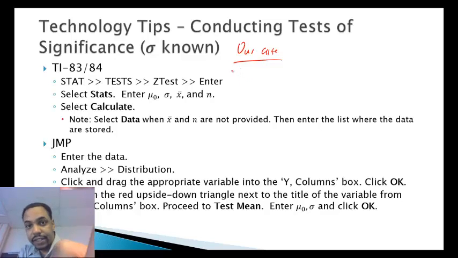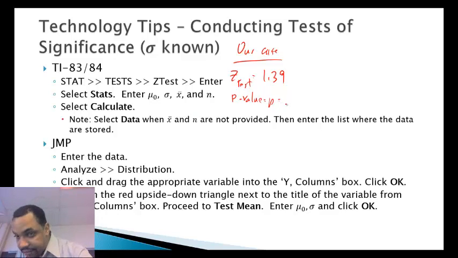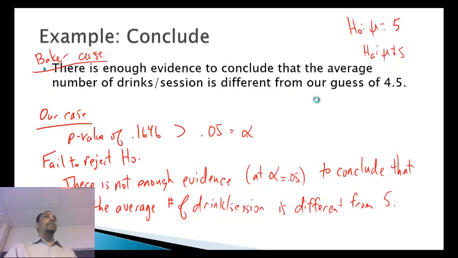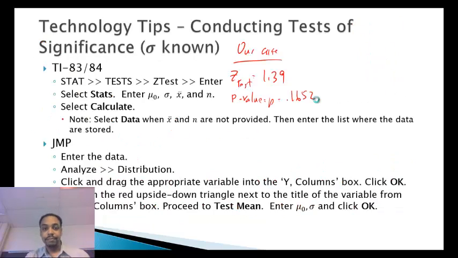In our case, I get a z-test of 1.39-ish. I get a p, which is the p-value, 0.1652. What did I say? 0.1646. So again, the calculator is more precise than the table, because the calculator is finding the area bigger than a z-score of 1.387891228 and then doubling that.